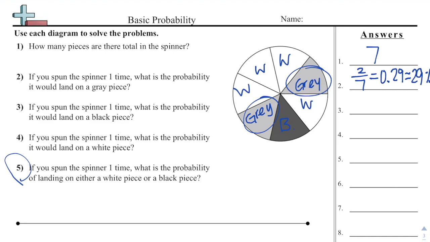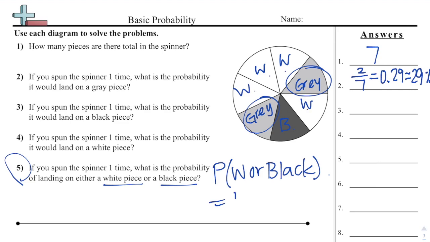So what we want to do is count how many white spaces there are and how many black spaces there are, because we want to end up with the probability of white or black. And if that's the case, we want to figure out how many whites, and it looks like 1, 2, 3, 4 white pieces plus the 1 black piece out of total of 7.